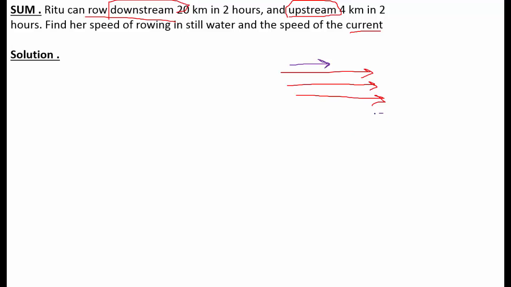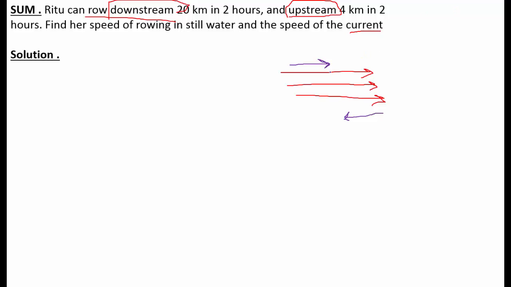But if I am going in the opposite direction of the speed of stream or say water, then this is called upstream. Means if we swim or boating in the same direction of water, in the direction of moving water, then this is called downstream. And if this is in the opposite direction, then this is known as upstream.